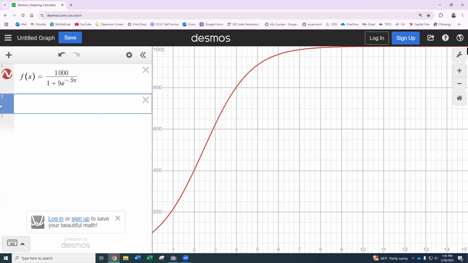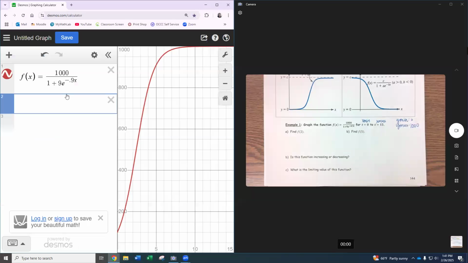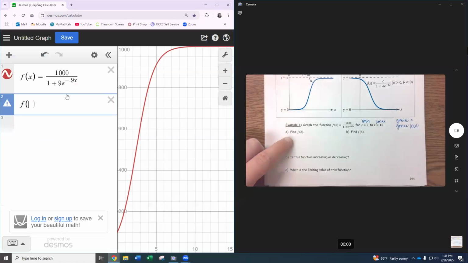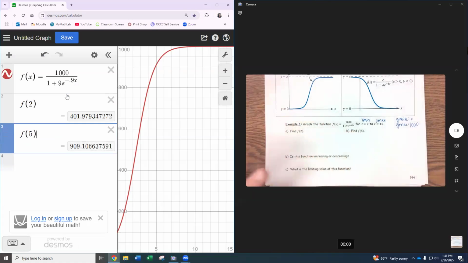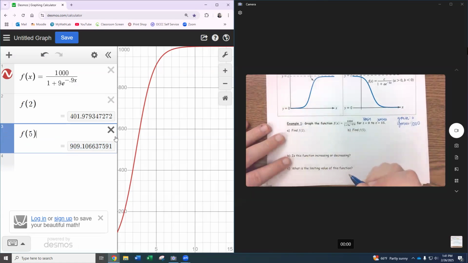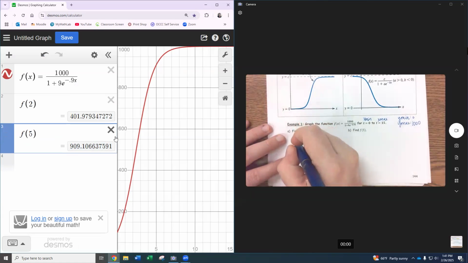Now, part A wants us to find f of 2. Since we have already used function notation, we can just do f of 2. And then for part B, f of 5. f of 2 doesn't say how to round. Let's go to 3 decimals.